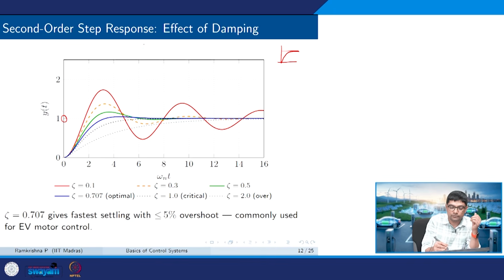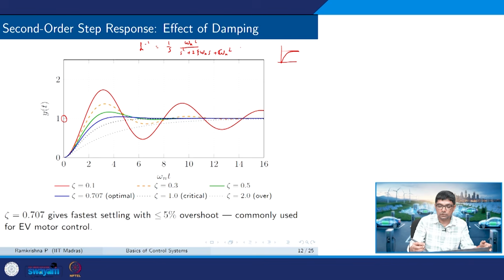This comes largely from looking at the inverse Laplace transform of 1 over s times omega n square over s square plus 2 zeta omega n s plus omega n square for complex roots. For complex roots, my solution will be of some form, something like 1 minus e power some exponential and then some cosine term and so on. Not exactly like this, but something around this.